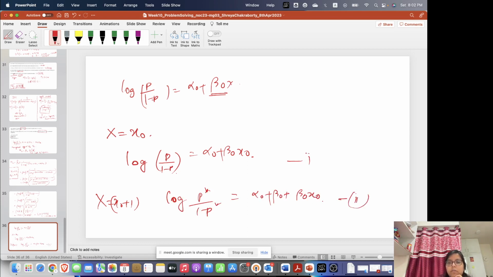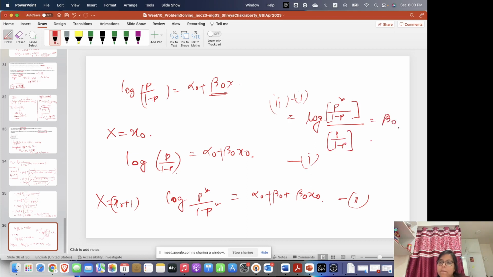If we subtract, we have log of p star by 1 minus p star divided by p by 1 minus p equals beta naught.